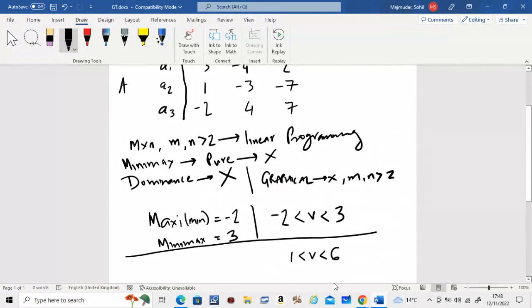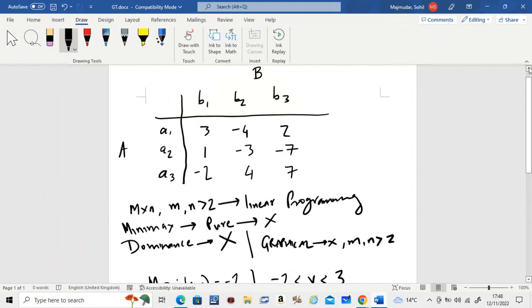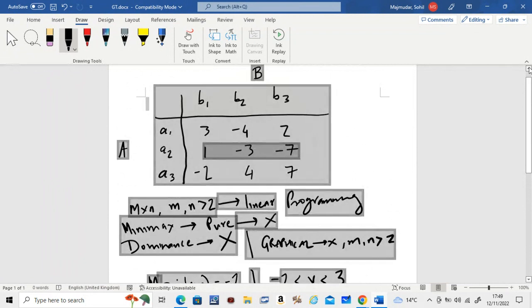So basically what we do is we add 3 to all the values in the game matrix, because we have to divide by v later on. So we add 3 to all the values in this given matrix. So add 3 to 3, 6, -4 plus 3, and so on. So your game matrix becomes, I'm going to delete this and write the new matrix.